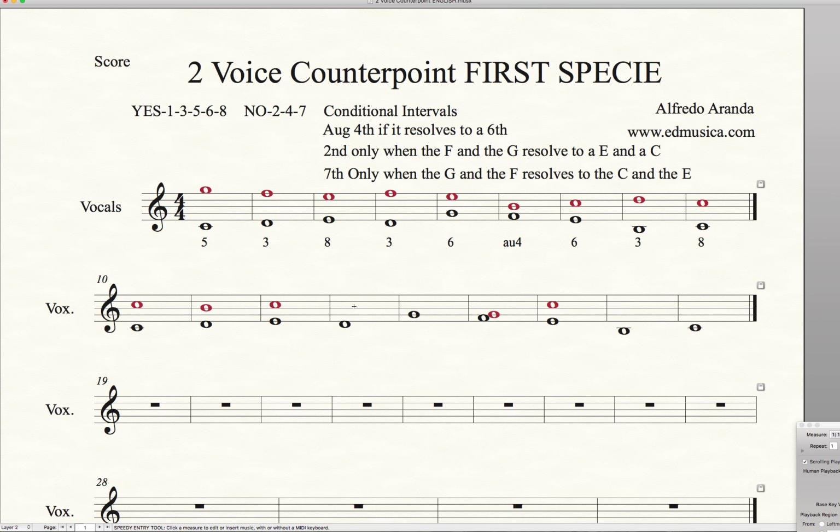So I am going to continue with this going up in contrary motion, and then I'm going to go down to a third. You see, on this one I jumped from D to G, and then from D to B. And when you approach a third, like I did right here, it's really not a big deal if you jump to it, because it's a very consonant, very sweet interval.